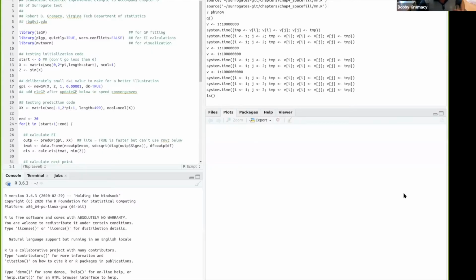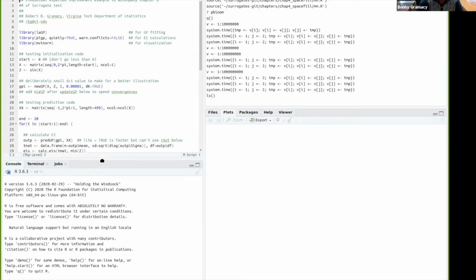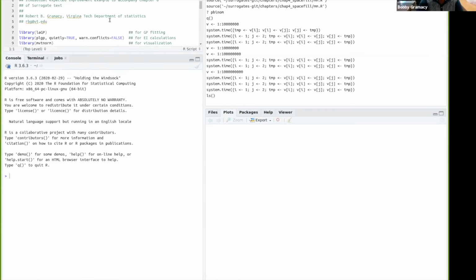Share screen. All right, so if I did it correctly, you should see my R environment. Yep. So do. Good. All right, the code itself doesn't matter too much. I don't need you to see the code. I just need to run it. You can check on the code if you want.